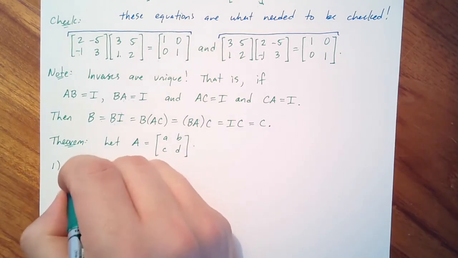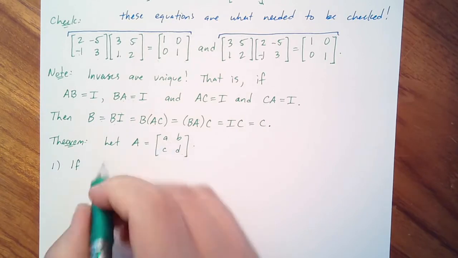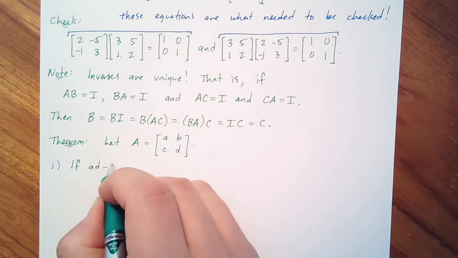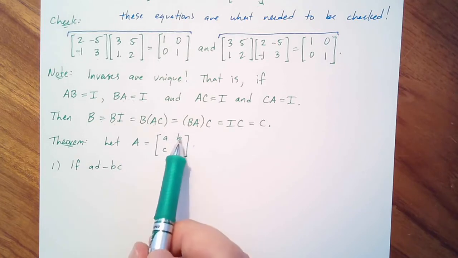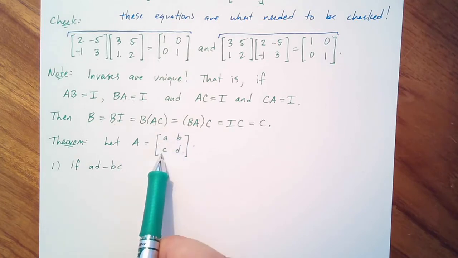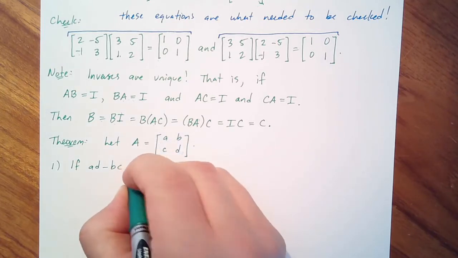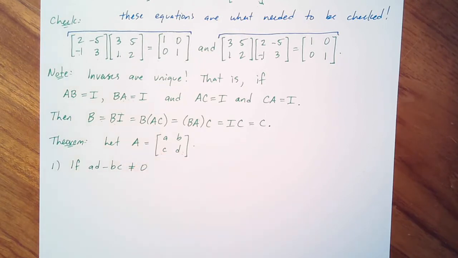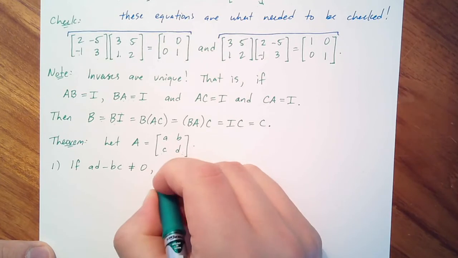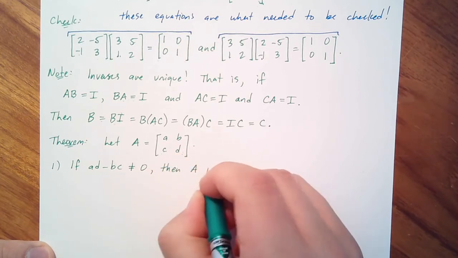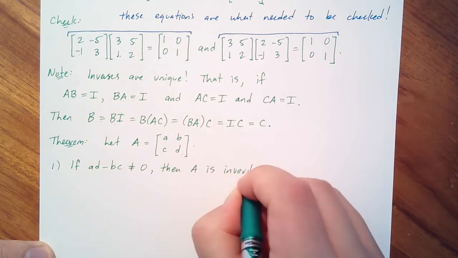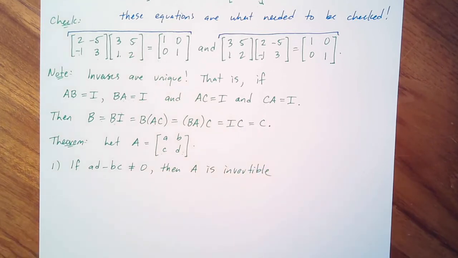If I take the product of A and D, and then subtract the product of B and C, and this is not equal to 0, whatever it is, then it turns out that A is invertible. That at least tells you something. It means A does have an inverse, but it doesn't tell you what the inverse is. Fortunately, we also have that information.